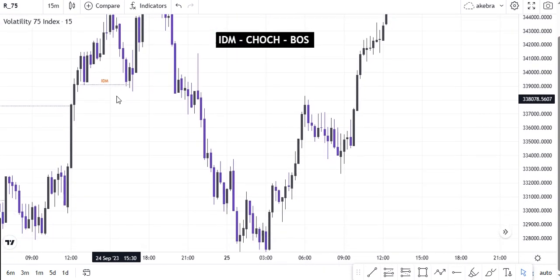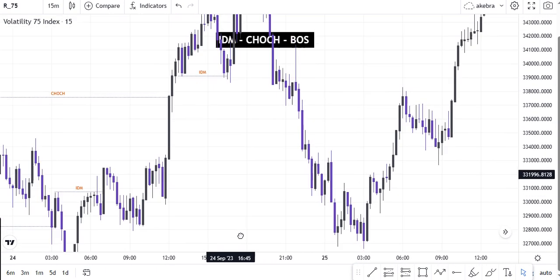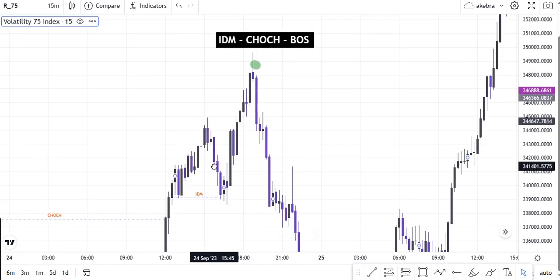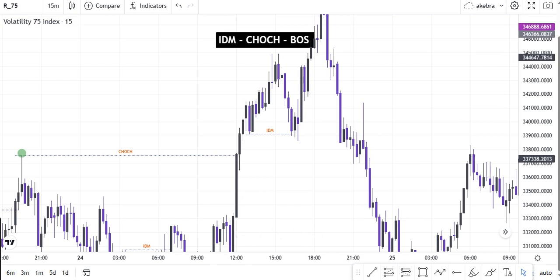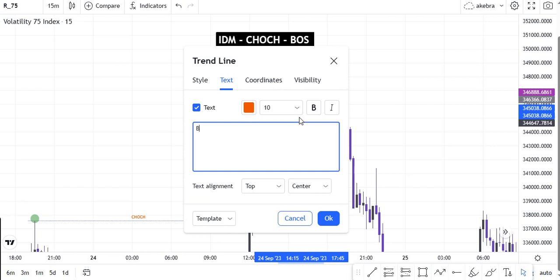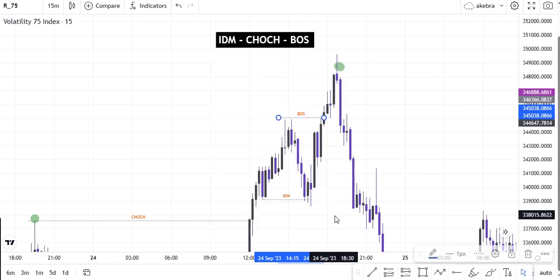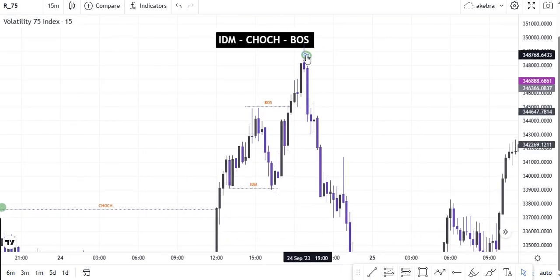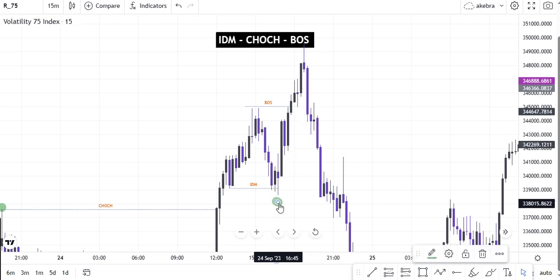Okay, and after the inducement, we wait for the market to close above the break of structure, and now this is your break of structure again. This becomes your break of structure, and then you can just keep mapping this over and over again. It's just quite simple, okay, to map and understand.